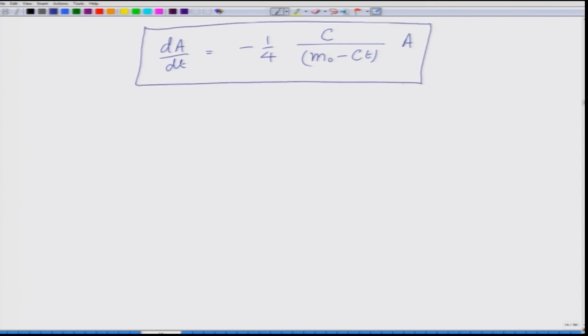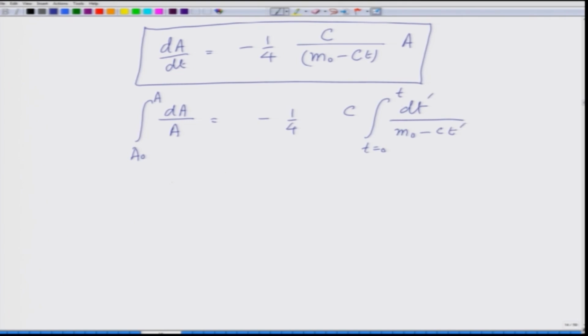Keep in mind again that the leakage rate is very small, and therefore, we have dA over A is equal to minus 1/4 c dt over m naught minus c t. I can integrate this from A0 to A, in time t equal to 0 to some time t; I will make this prime.